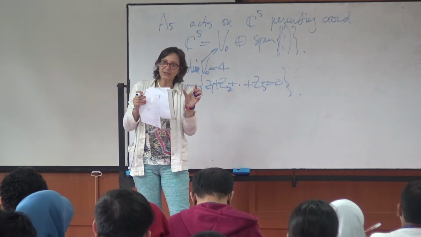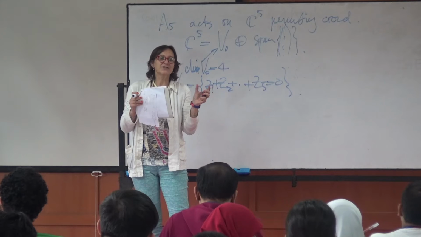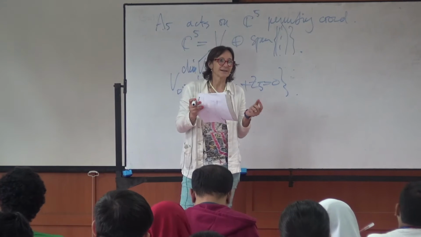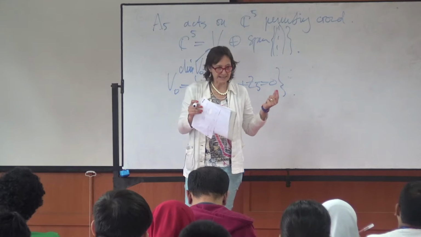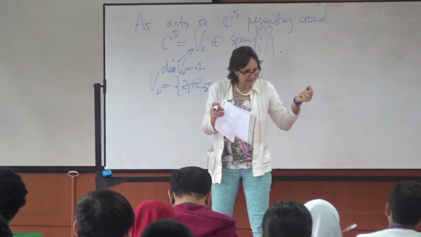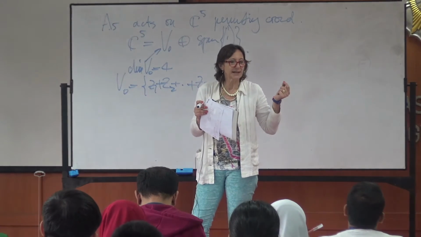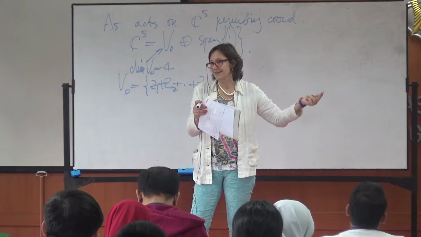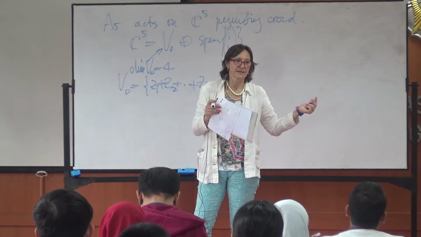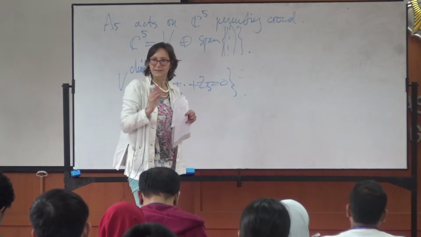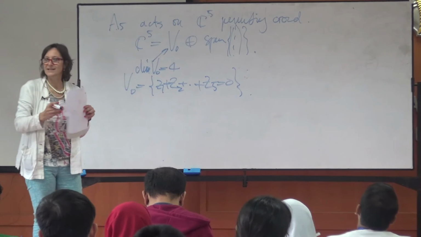But when we restrict to A5, we must check that if, for instance, there exists in the centralizer of the element an odd element, then we can always conjugate within A5. This was one exercise in the last sheet, you remember.